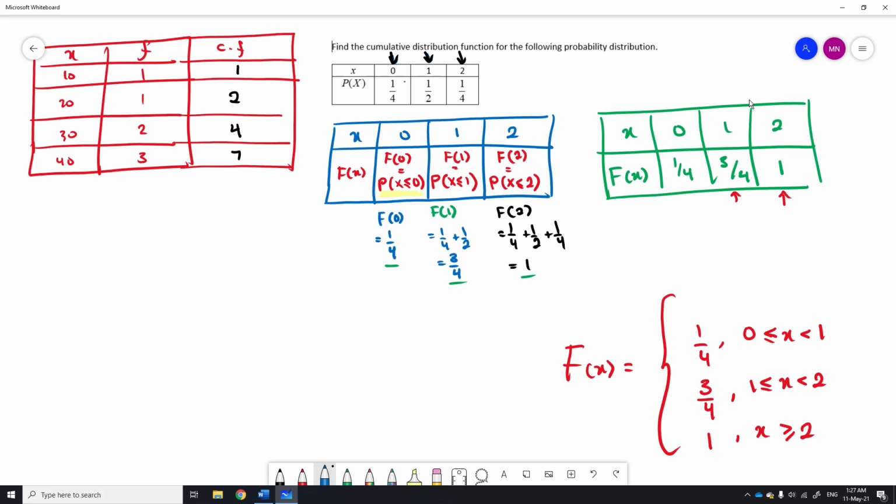We need to add one more thing, that is 0, that covers any value of x that is less than 0. Then we have completed our cumulative distribution function.